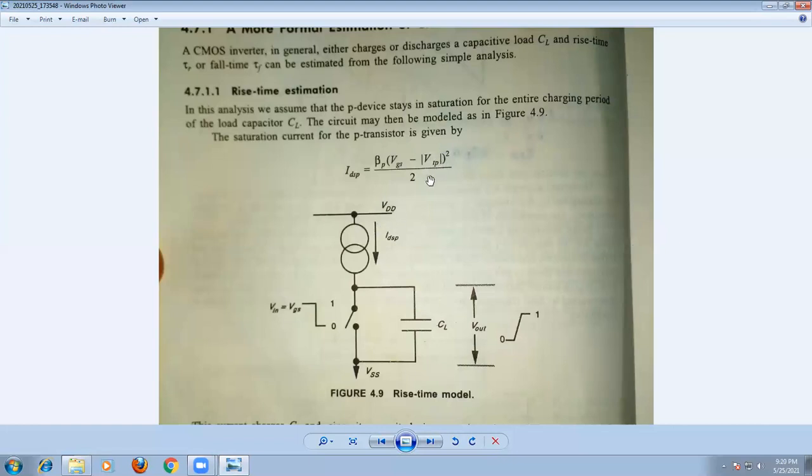This is the equation of the drain current when the transistor is in the saturation region, where VGS is the gate to source voltage, VTP is the threshold voltage, and beta is technology dependent, with value Kp into Wp by Lp, beta p.